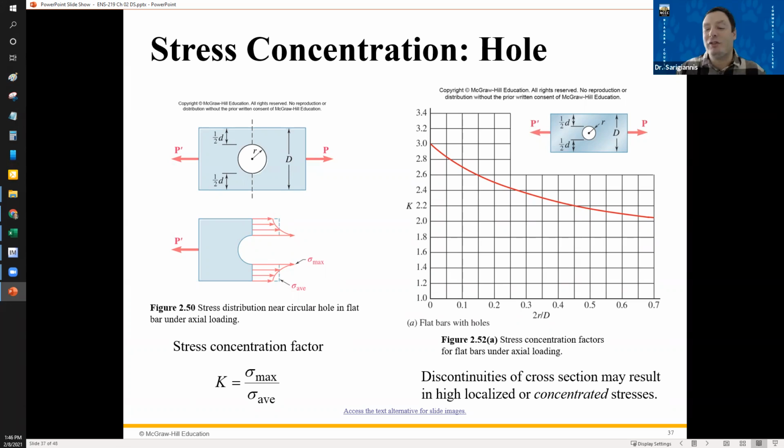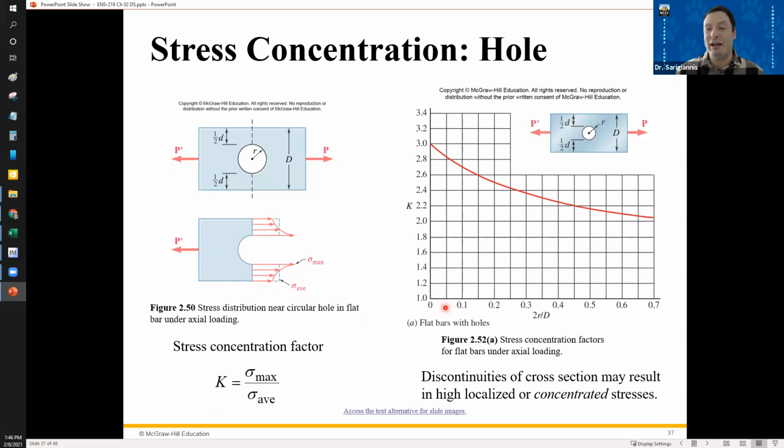However, there's a bunch of different tabulated experimental values for what's called the stress concentration factor, K. And the stress concentration factor is just your maximum stress relative to the average stress across this cross section.